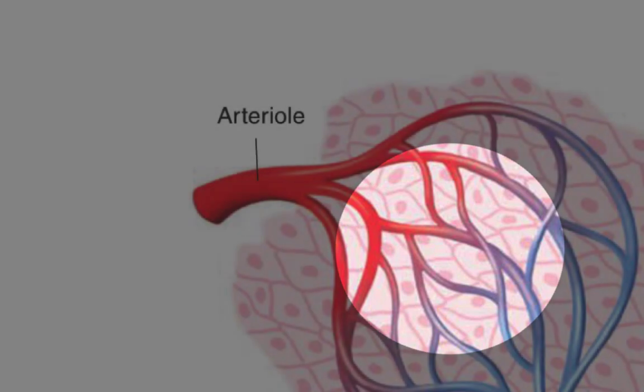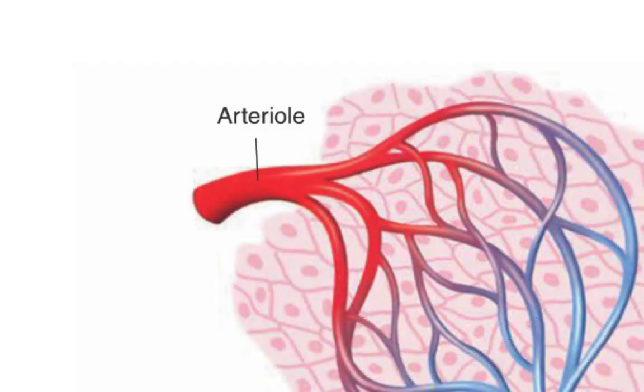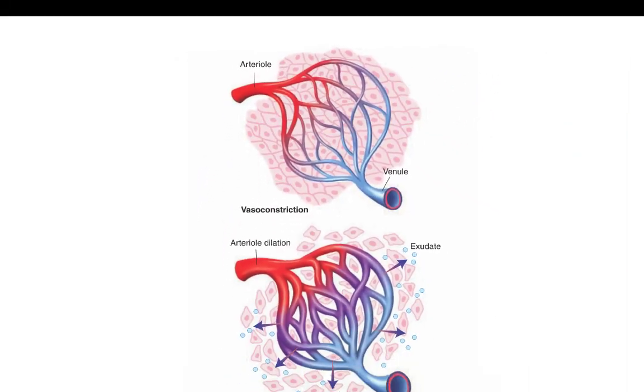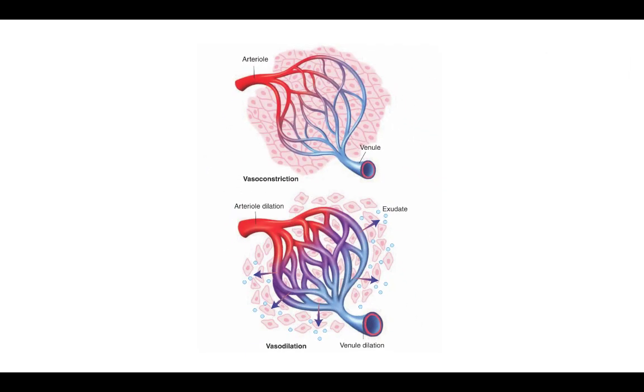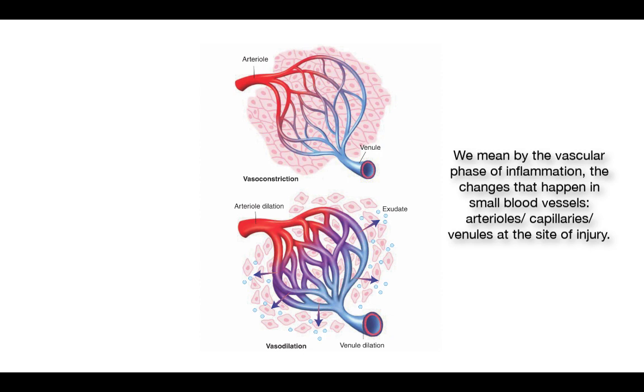Then they carry waste and carbon dioxide to the venules and then veins, to be sent to the appropriate place for excretion. Now, by the vascular phase of inflammation we mean the changes that happen in small blood vessels, the arterioles, capillaries, and venules, at the site of injury.